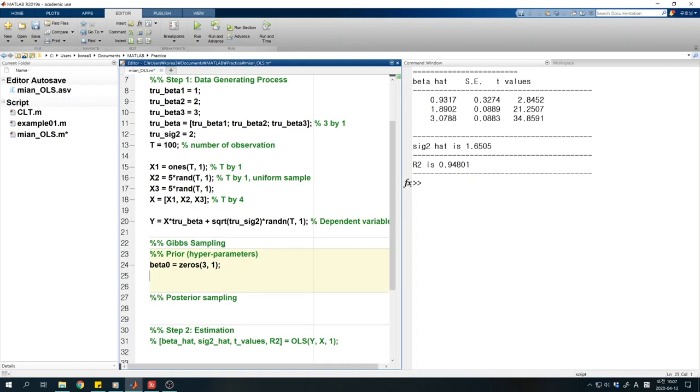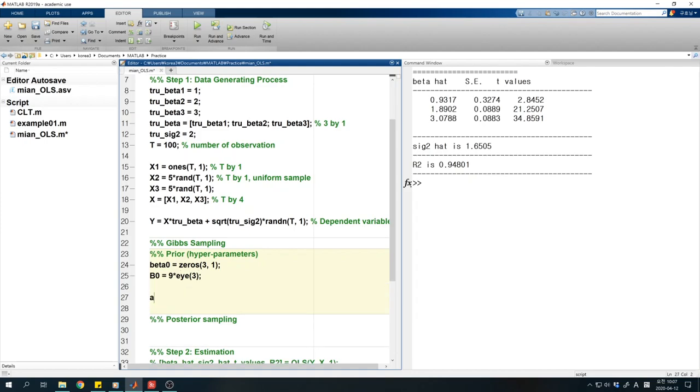And what about its variance covariance matrix? B0 must be a 3 by 3 matrix, and I would say the 3 by 3 identity matrix. But I don't have any strong prior, so let me multiply by, say, 9 times the identity matrix. So then the prior variance is 9.